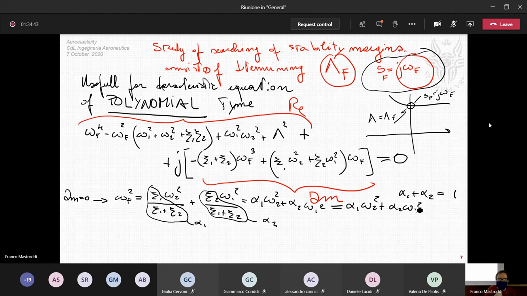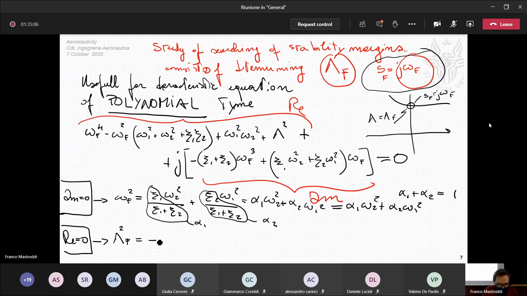I can obtain lambda by the real part, by imposing the real part equal to 0. Okay. And imposing this, I have the square omega flutter by this equal to 0.